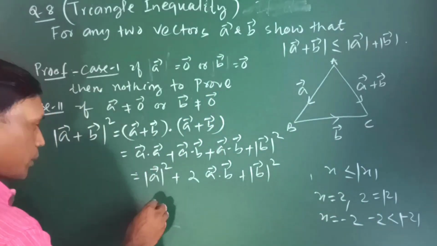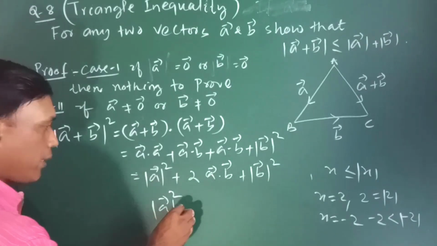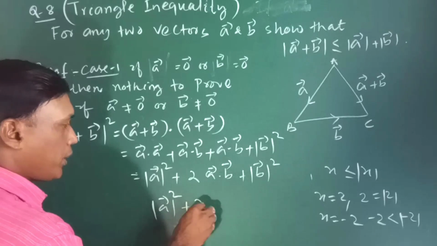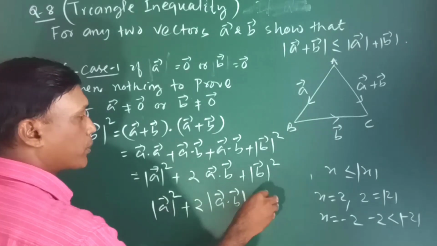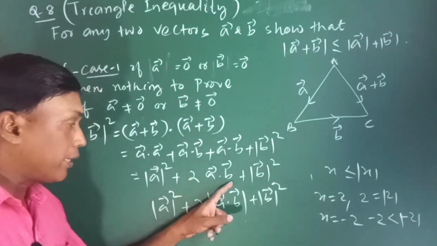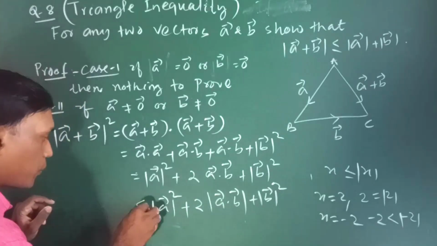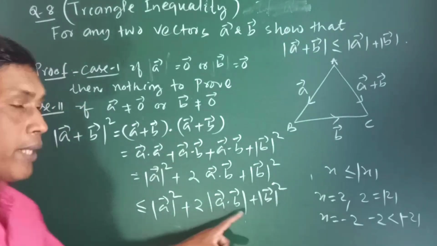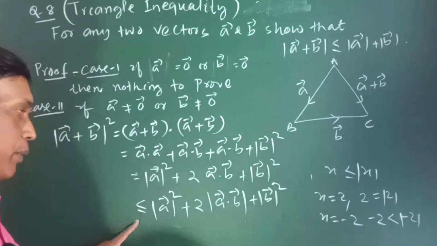So suppose here we have the square of the magnitude of a plus, we take here the modulus of a dot b, plus the square of the magnitude of b. Here is a dot b, and here is the modulus of a dot b. So this is less than or equal to, so the equal sign is replaced by less than or equal to.